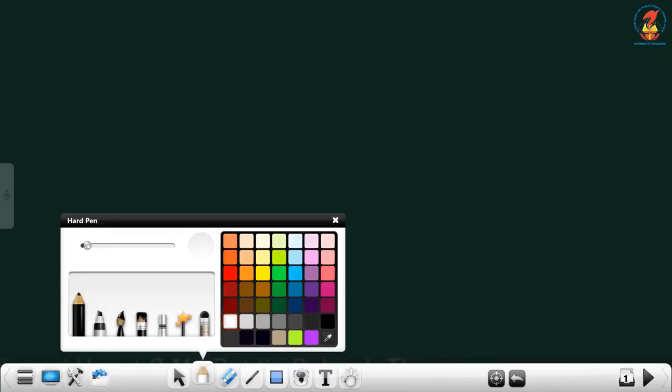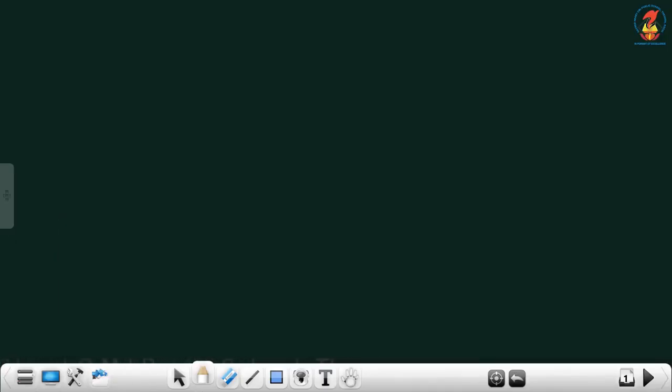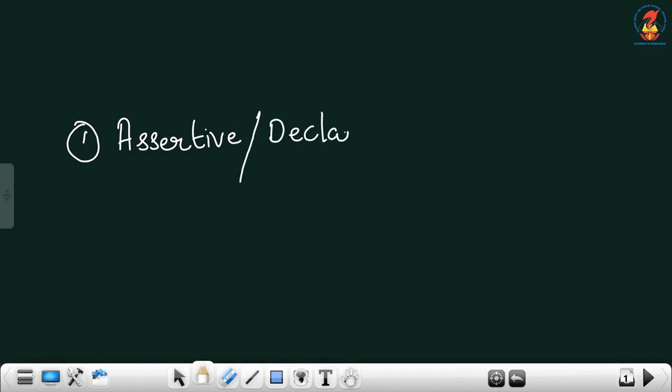First one, assertive, otherwise called declarative. What is assertive? Otherwise called a declarative sentence. Let's see what that is.